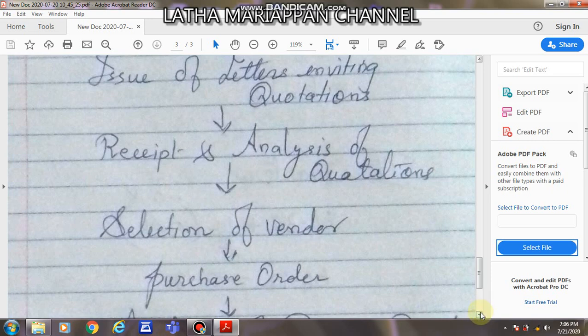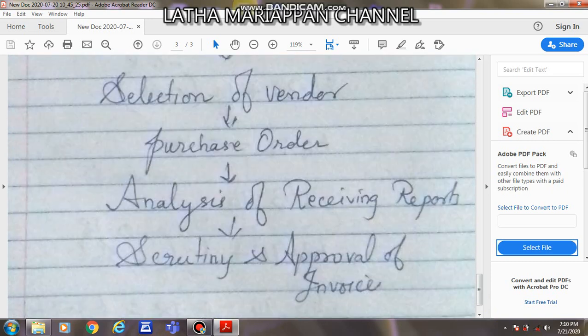The next one is the purchasing order. Once you have selected your vendor, you have to give the order to the vendor. The purchasing department or executive has to issue a purchase order to the vendor.